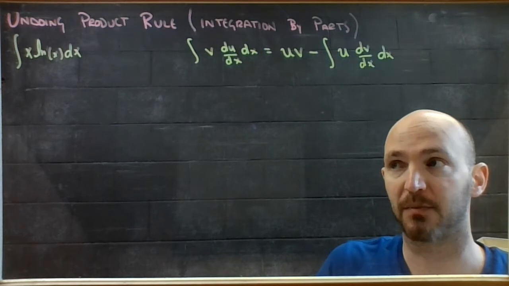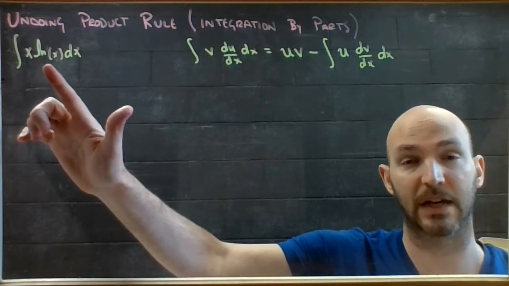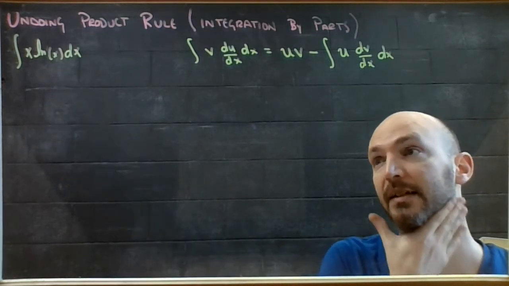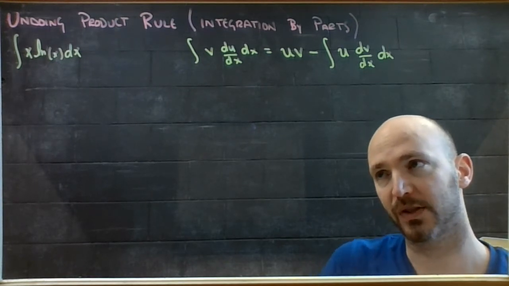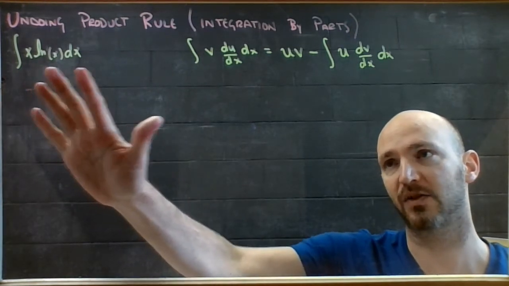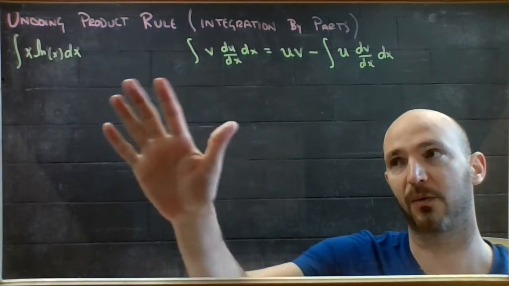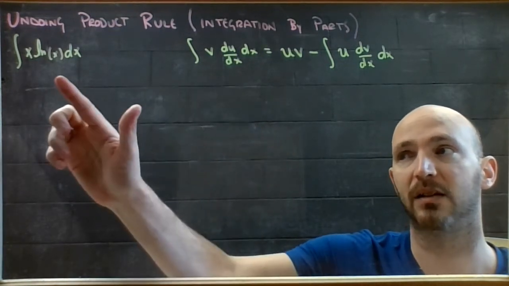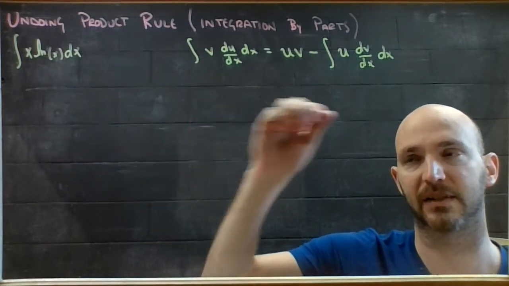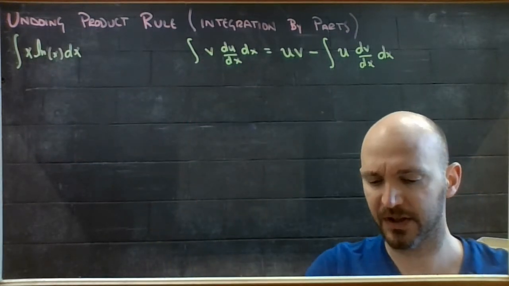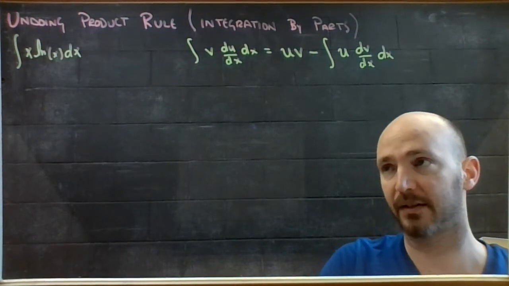And we're going to use this model in order to try and tear apart an integral like this. Okay, so first off, I've got this little structure and this little structure. I want to assign one of these pieces to v and one of these pieces to u. So I'm just going to try some random combination.